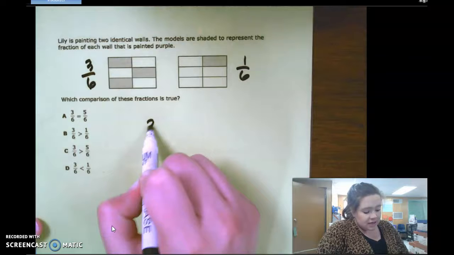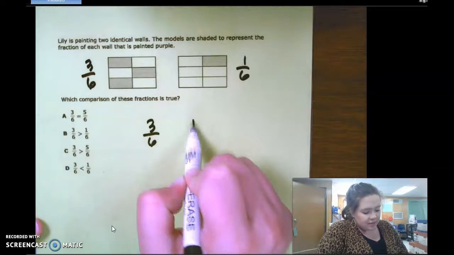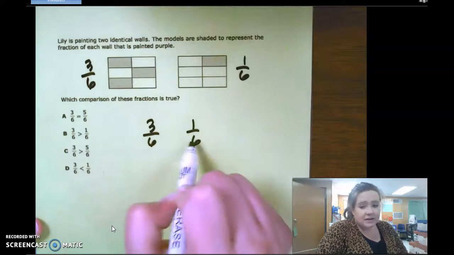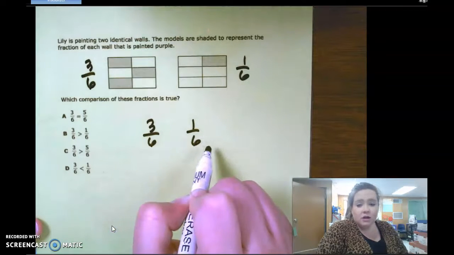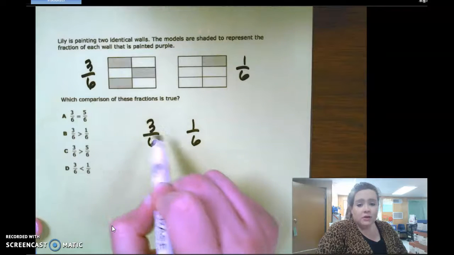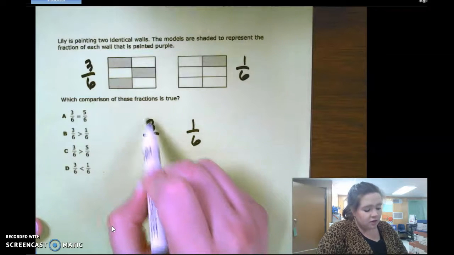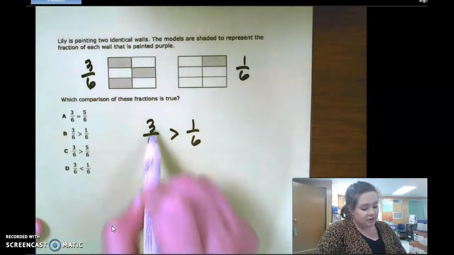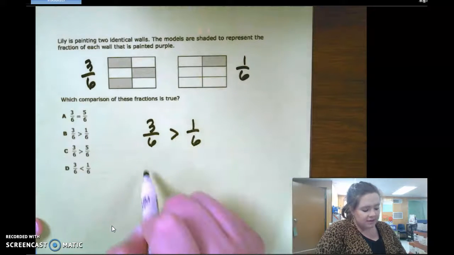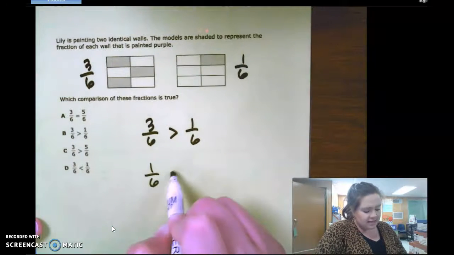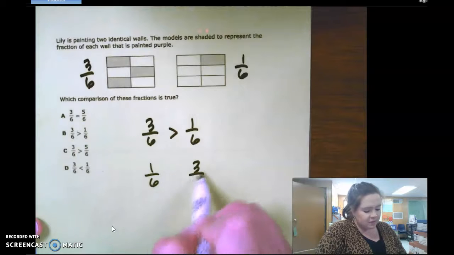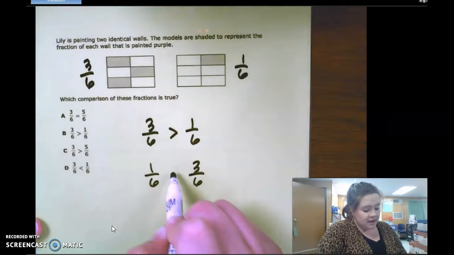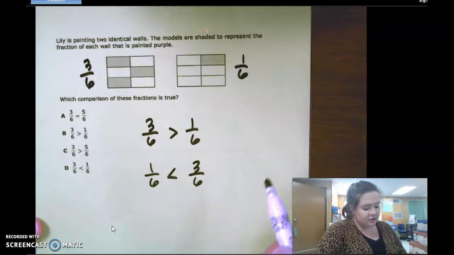If I'm going to compare these two fractions, remember my fractions have the same denominator, so I'm going to use my numerators to compare. The larger numerator is going to be your larger fraction. So 3/6 is going to be greater than 1/6. 1/6 is going to be, yes, good job, less than 3/6.